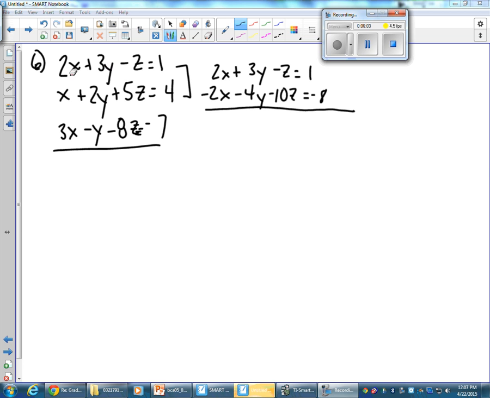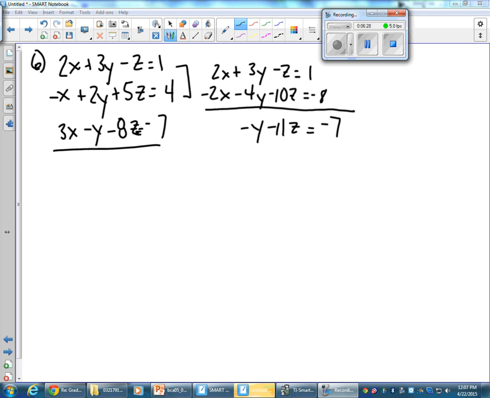Well, I need the x's to cancel. So if this is a +2 and this is a 1, the way that I would eliminate the x's is by making this line a -2. And if I multiply the entire line by the same number, I've still got a true equation. So now the x's cancel, and I get -y minus 11z equals -7.